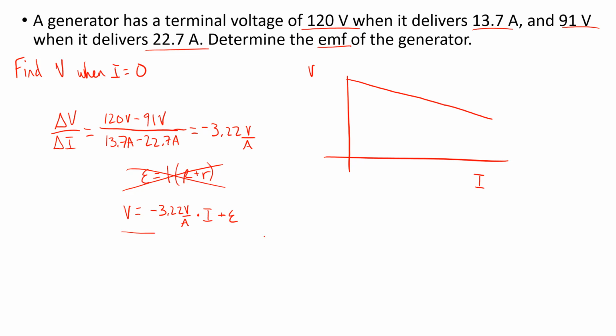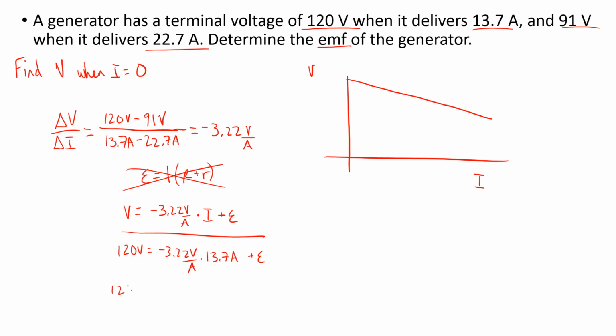And since this is the equation for this line, I can then use that to solve for EMF. So let's just do 120 volts. 120 volts is negative 3.22 volts per amp, and at 120 volts, we're at 13.7 amps, plus our EMF.